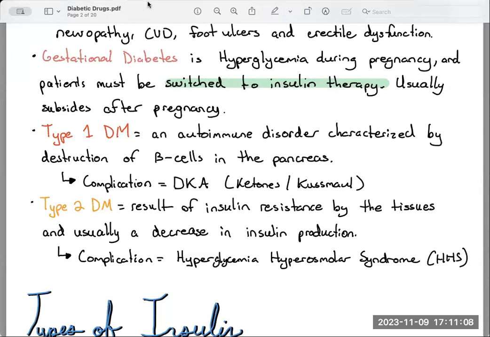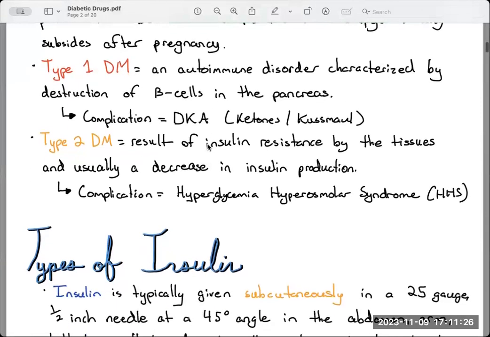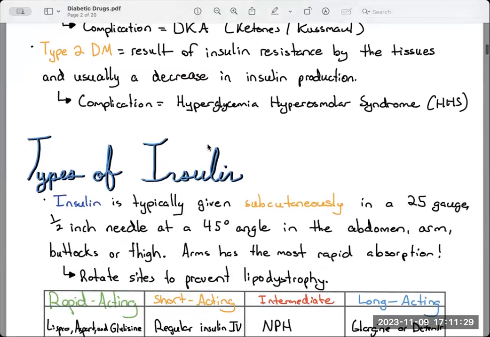So that's something I want you to know because even if it's becoming hard to memorize everything, if you know insulin's only for a specific group or type of patient, then you know, okay, I can only give this in this situation. So, like I said, those are the differences between the types of diabetes, and what we give in situations if they're type 1 or gestational or type 2.